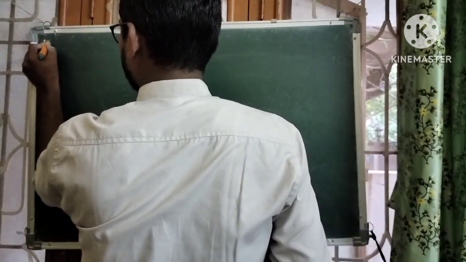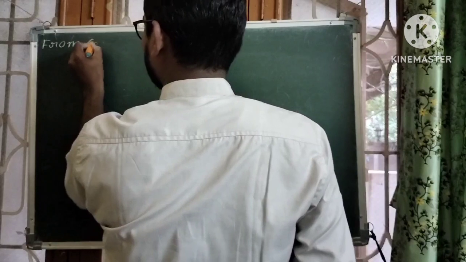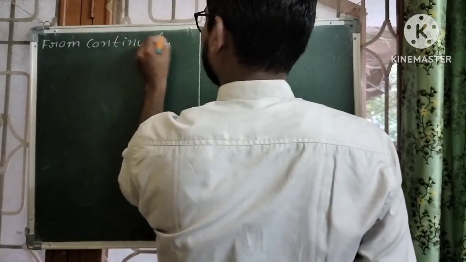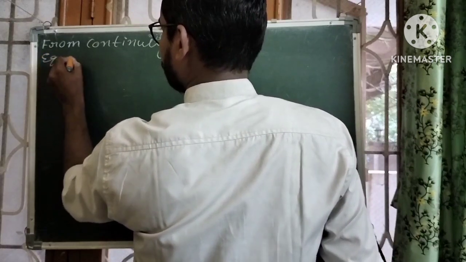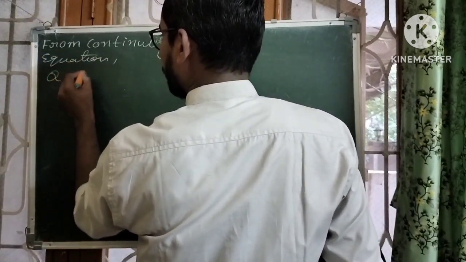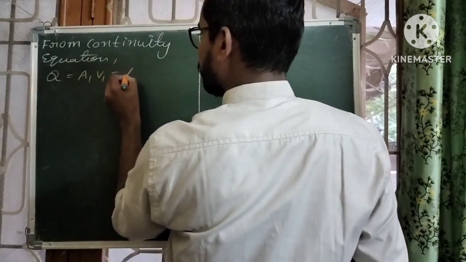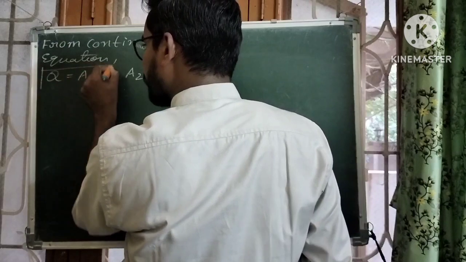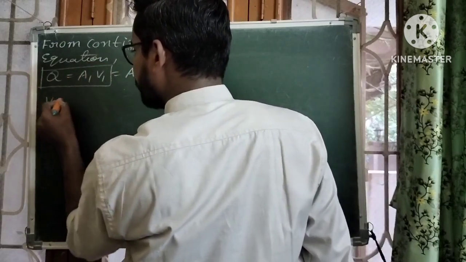So according to the continuity equation, Q is equal to A1 V1 is equal to A2 V2. So Q is equal to A1 V1, then V1 is equal to what?